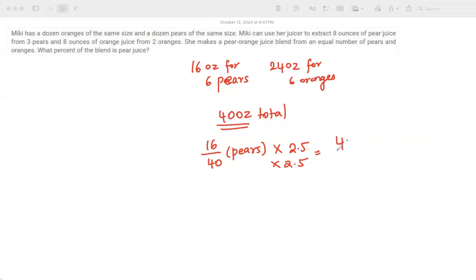That would mean 40% of the blend was pear juice. That's what I did, except I simplified it and made it 3 oranges and pears instead of 6. So my fraction was 8/20.